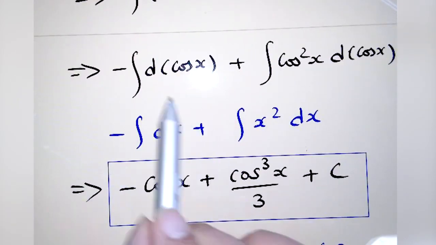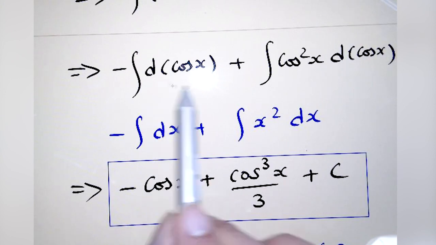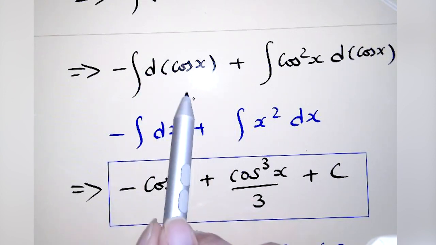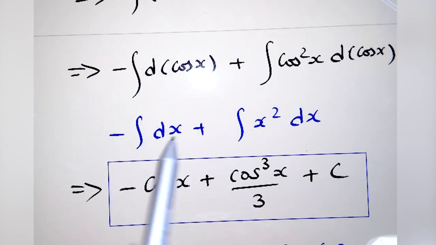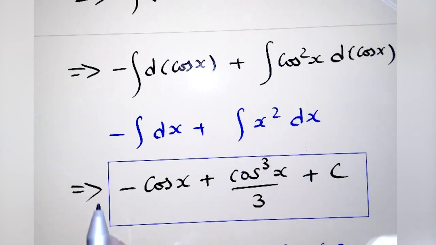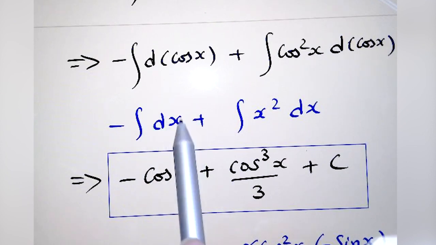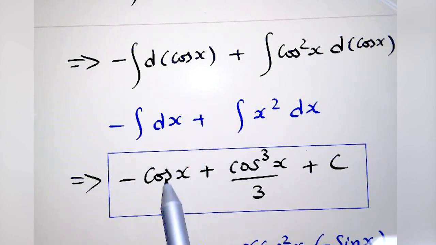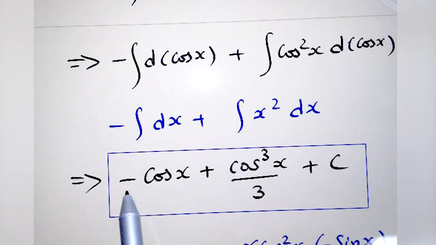And this is just looking like our integral dx and integral x squared dx. So we can apply our standard formulas, but we will just use cos x for x. So the final answer would be minus cos x plus cos cube x by 3 plus c.